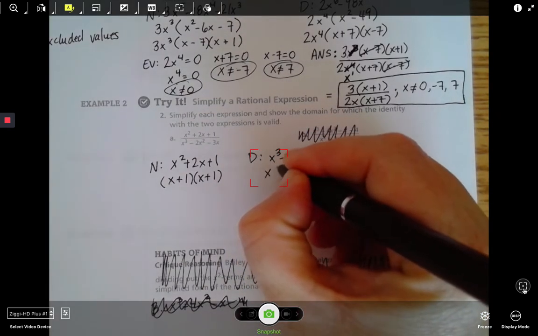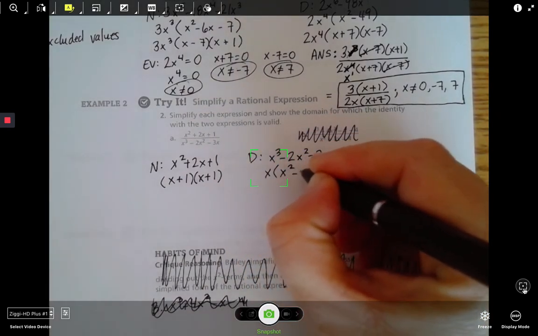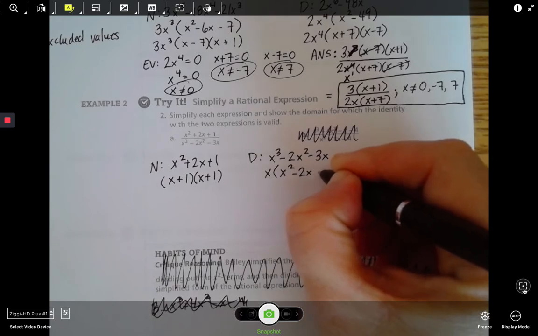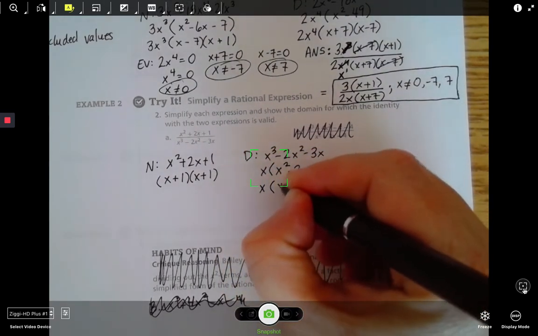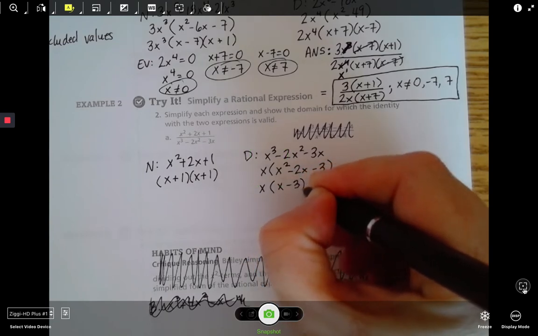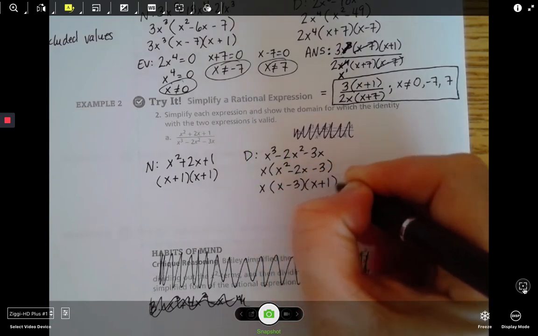First, I'm going to factor out an x. Then I'm going to be left with x squared minus 2x minus 3. My only factors for 3 are 3 and 1. It's going to be minus 3 plus 1.